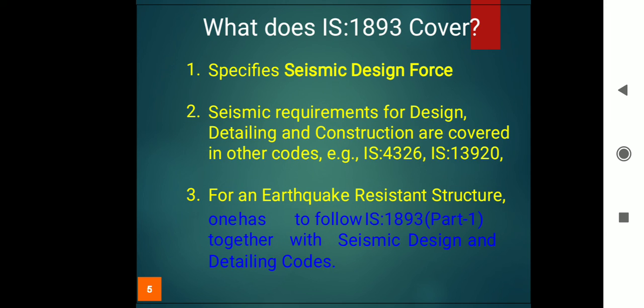A lower bound is specified for the design base shear of buildings based on empirical estimate of the fundamental natural period, that is Ta. The soil foundation system factor is dropped in this revision. Instead, a clause is introduced to restrict the use of foundations vulnerable to differential settlements in severe seismic zones.